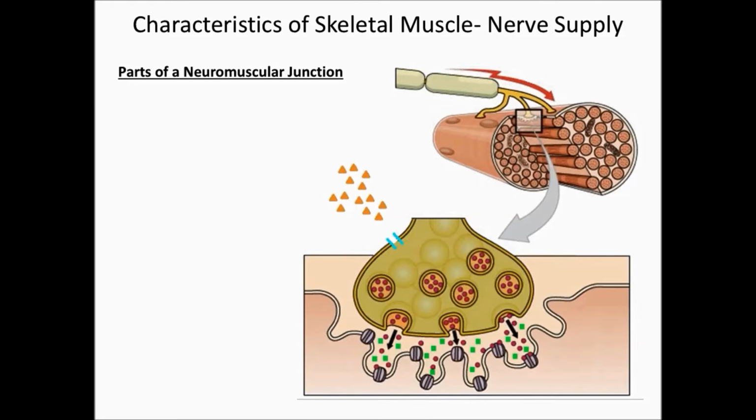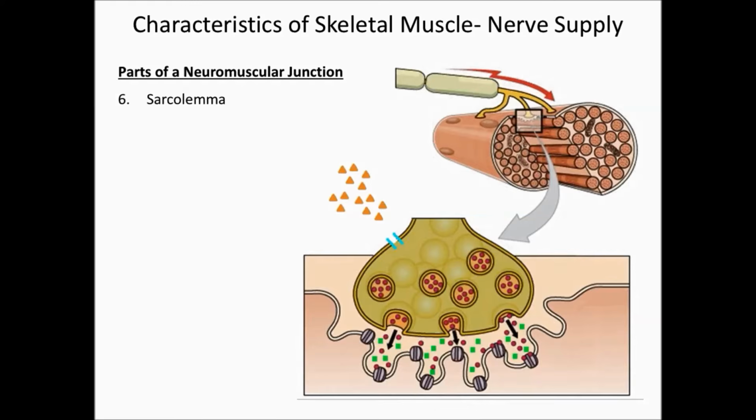Next, we look at the parts of the neuromuscular junction that are associated with the muscle fiber. The area of the muscle fiber where the motor neuron synapses is sometimes referred to as the motor end plate. The first part of the neuromuscular junction associated with the skeletal muscle fiber is the sarcolemma. Remember, the sarcolemma is the cell membrane of the muscle fiber.